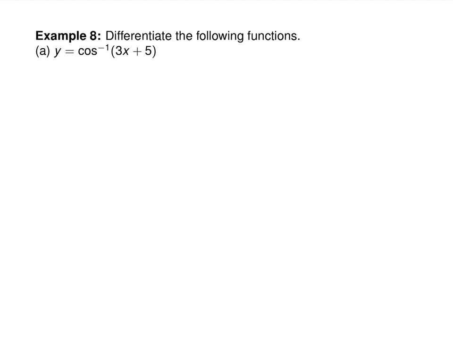Okay, so moving on. So y prime. I have cosine inverse of something, which means you have to use what rule? The chain rule. So the derivative of just cosine inverse of x is negative 1 over root 1 minus x squared. In this case, what goes in for x? 3x plus 5.